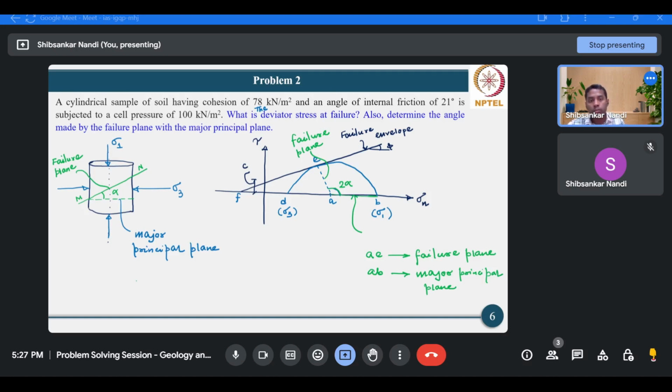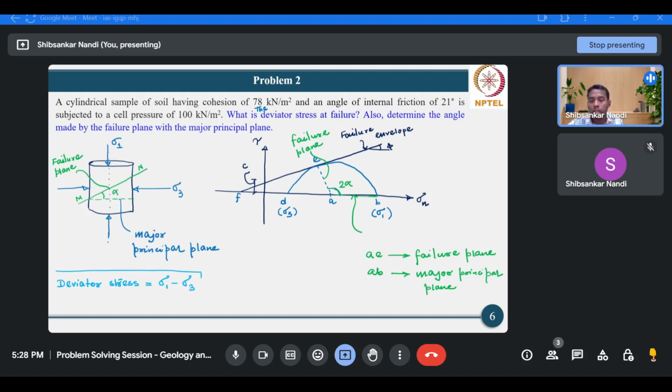Now we'll first try to determine the deviator stress at failure. What is deviator stress? Deviator stress is nothing but the difference of the major principal stress and the minor principal stress.